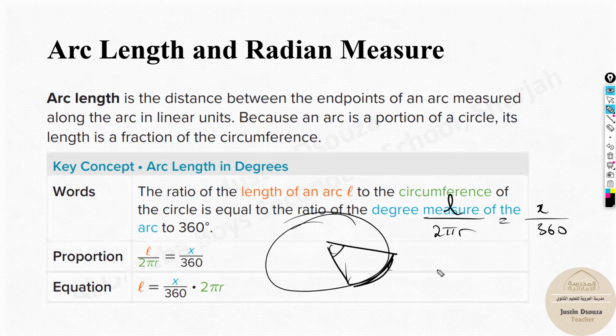So if you take this 2 pi to the other side, it will be L equals x by 360 degrees multiplied by 2 pi r. So this is one more formula to find arc length. But the formula which we had just studied a while ago is much easier. Now, if you look carefully, you will realize something. The conversion factor to radian is pi by 180. Here we have 2 pi by 360, which basically dissolves to pi by 180 itself.